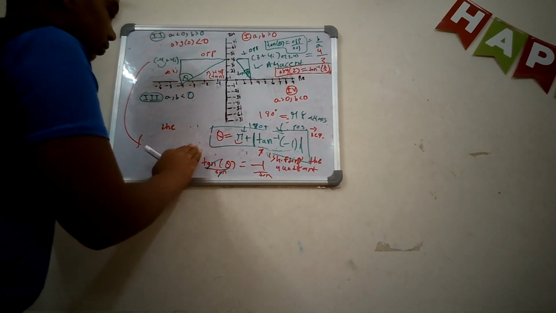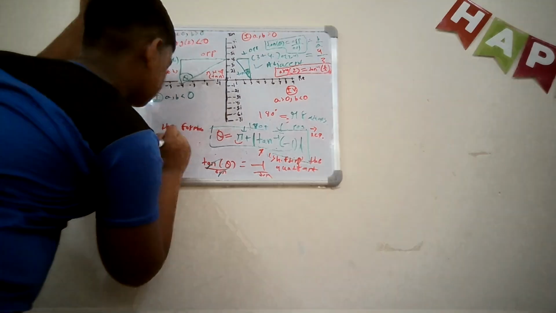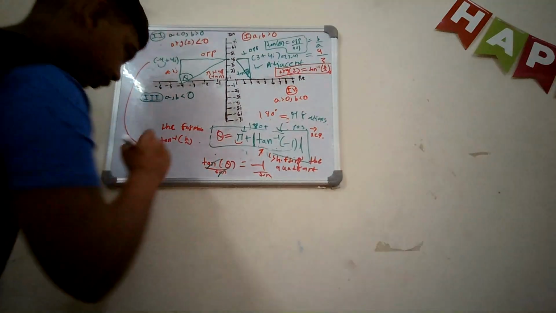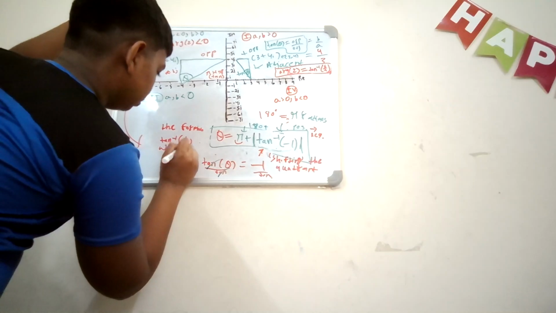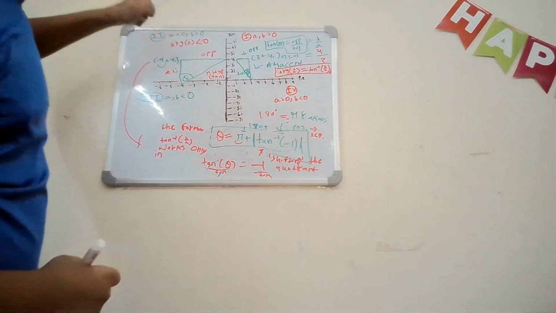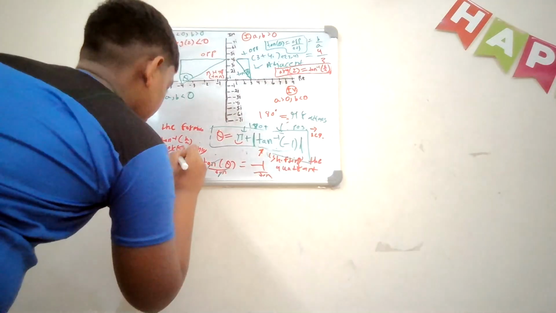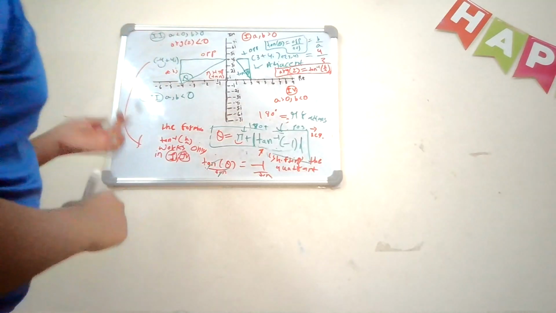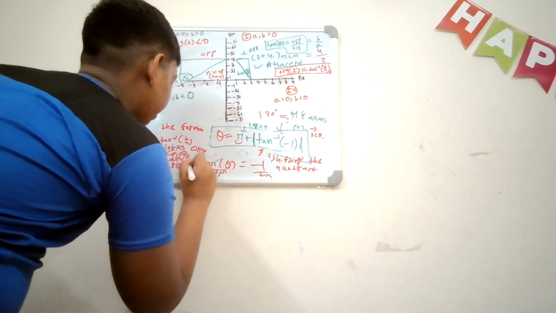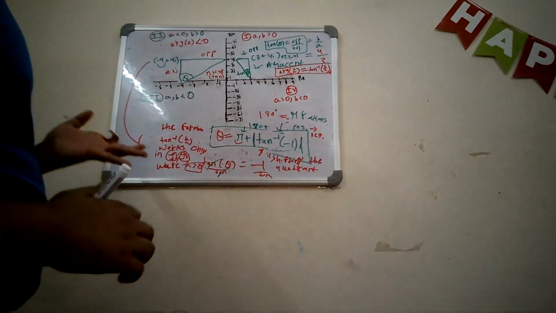Look, the formula tan inverse of b over a works only in quadrants 1 and 4. 1 and 4. Because they're both positive, where a is greater than 0. Okay? So that's why. Because this only works if a is greater than 0.